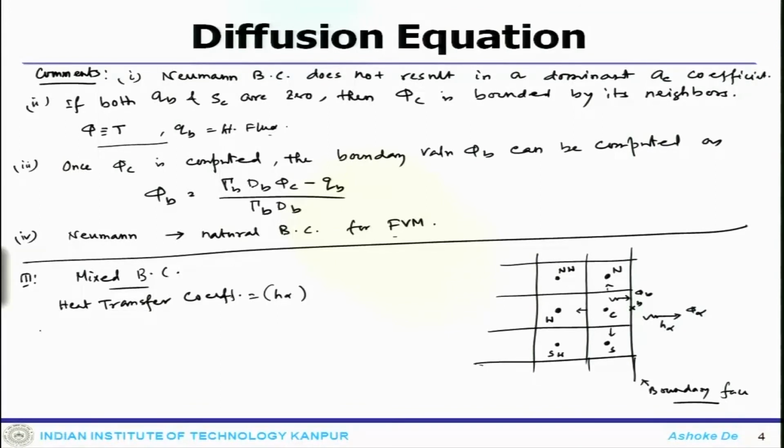Now, the flux which one can write for that is minus gamma del phi B dot S B, which is going to be minus H infinity into phi infinity minus phi B into delta y c. Okay.